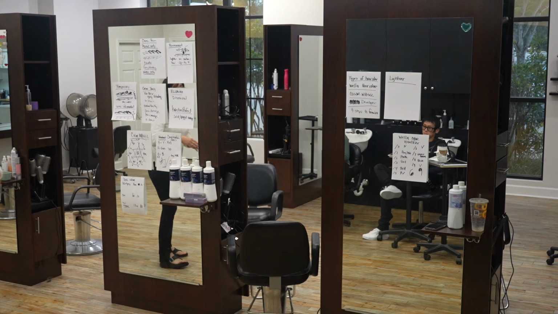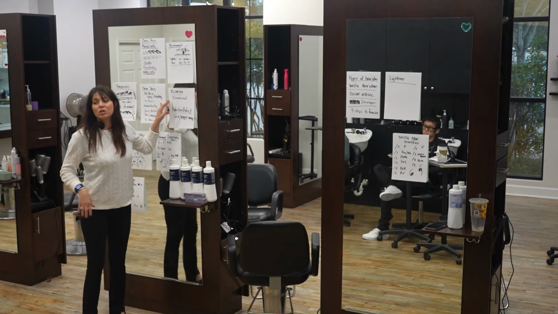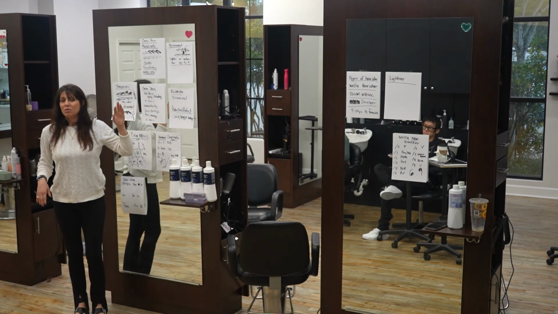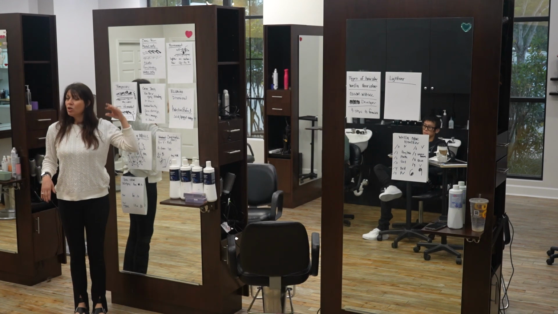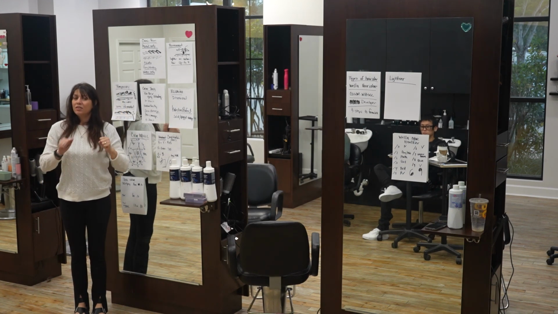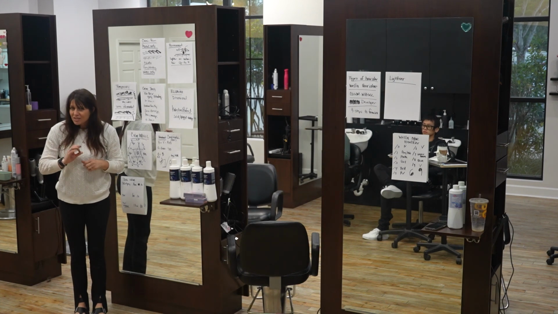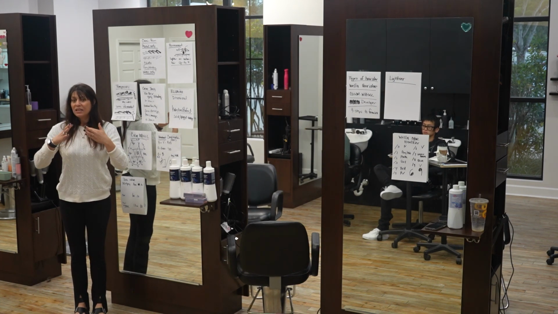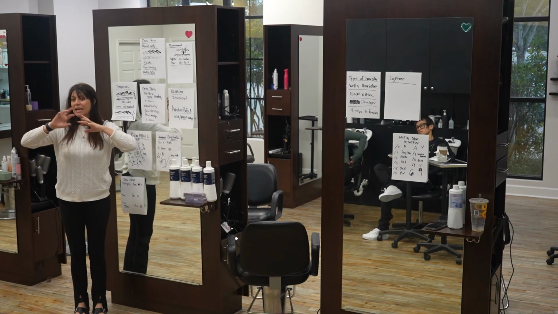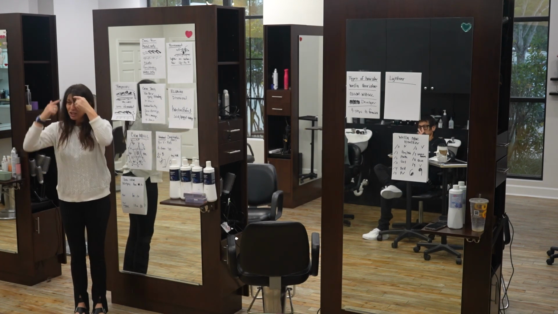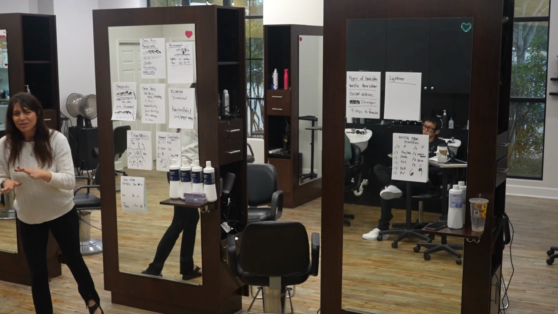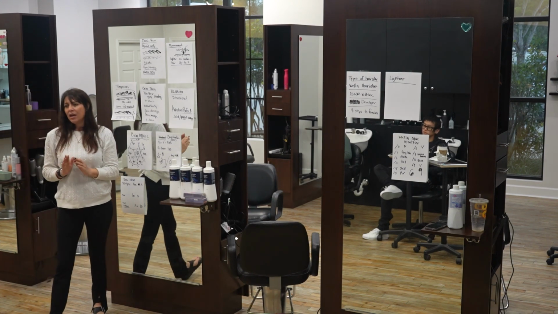And so dimensional, if I'm covering gray, is going to make the white hairs look a little lighter than the darker pepper hairs. Some guests will see that as gray. It is going to be colored, but they'll see that it's lighter and they don't want to see any gray, and they'll say, I can still see my gray. No, you can't, that's colored, but it's that dimension, and they don't want to see that.